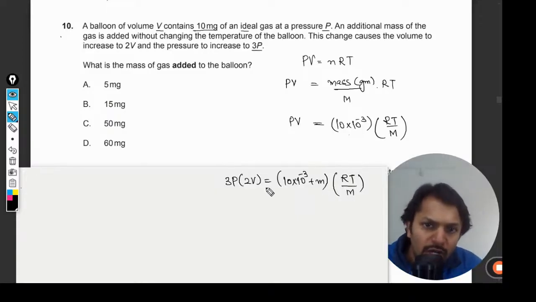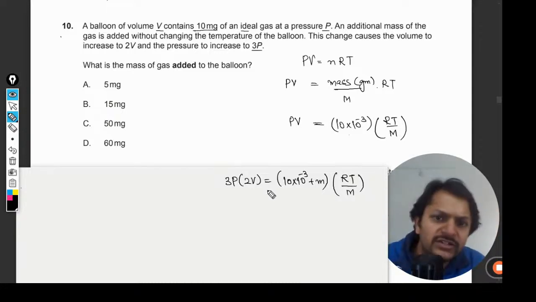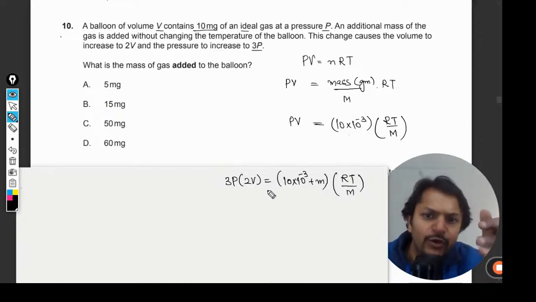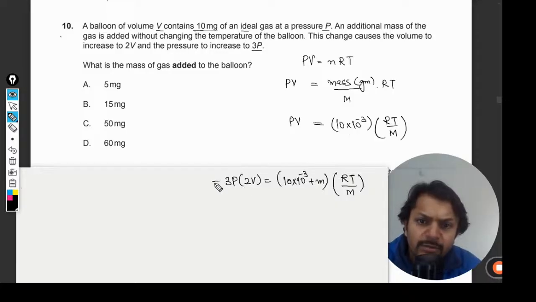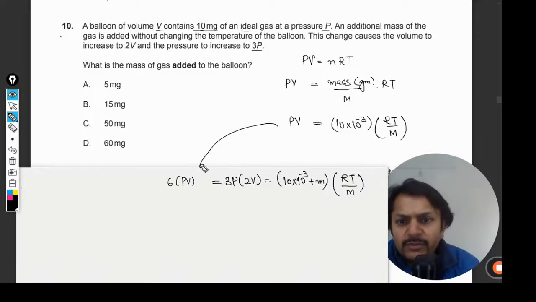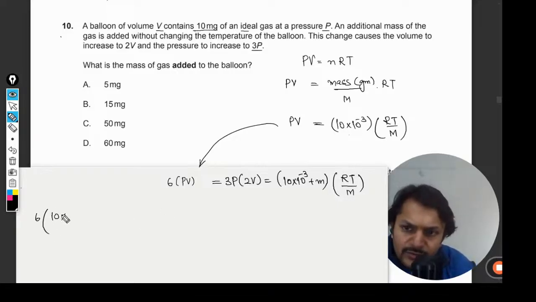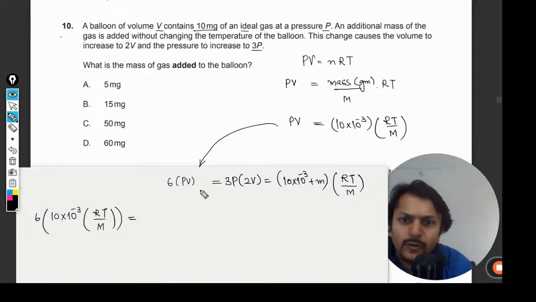So what we do, we can divide these two equations, or we can find the value of PV and equate these two values. So this can be written as 3 2s are 6, so 6 PV. This PV can be substituted here, so the equation becomes 6 into this is equal to this value.